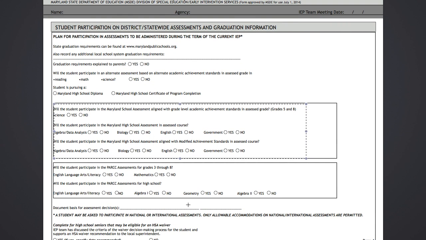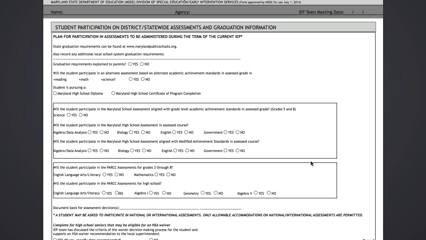And while we aren't necessarily going to go into great detail here about determining a student's assessment pathway, certainly know that a best practice for making that decision as to whether or not the student is pursuing a diploma or a certificate is best made by looking at some of those decision-making tools within the Maryland Accommodations Manual.